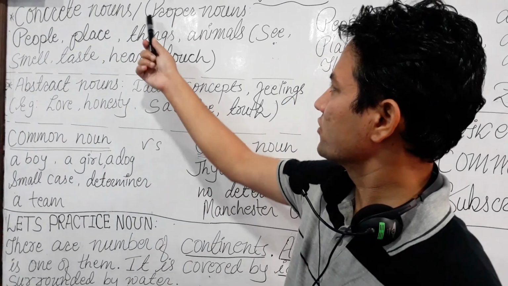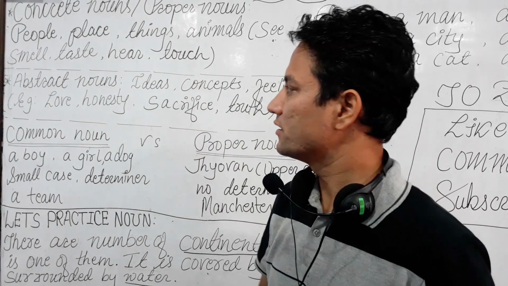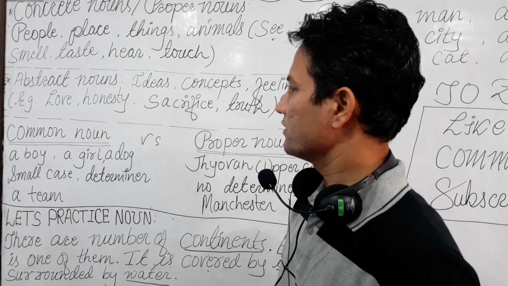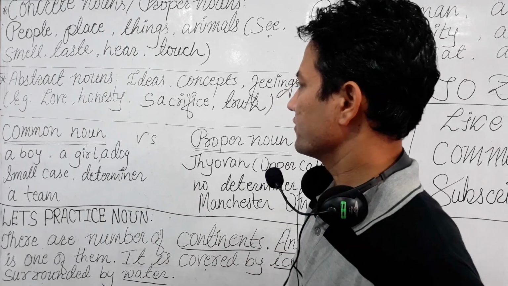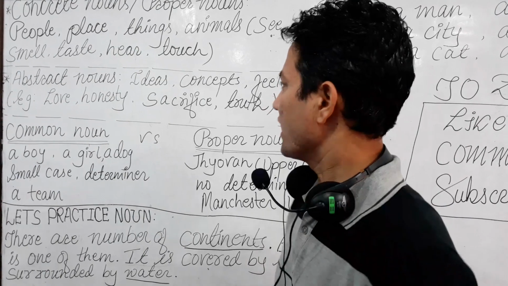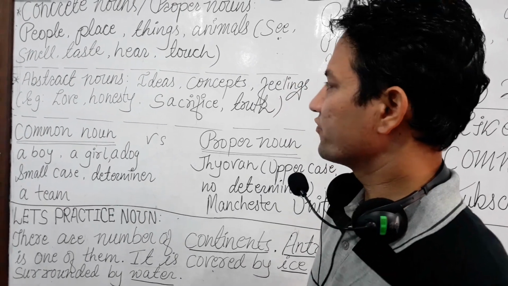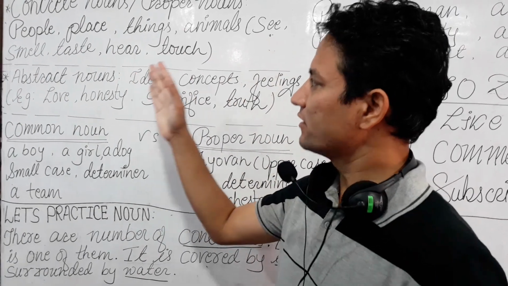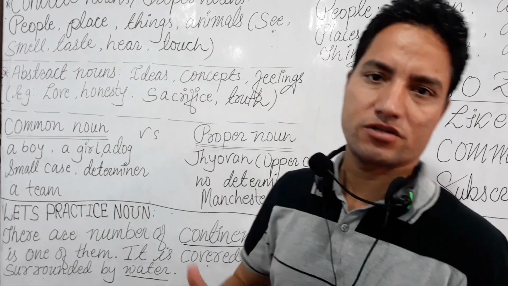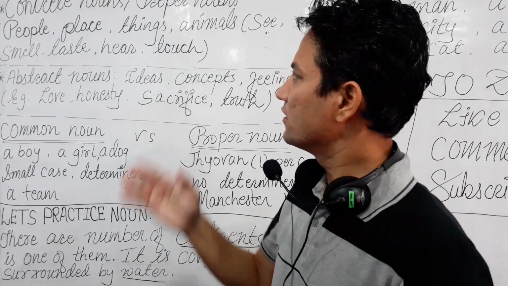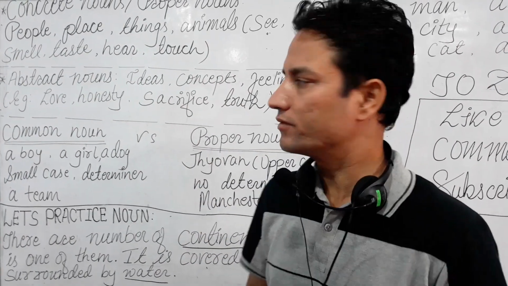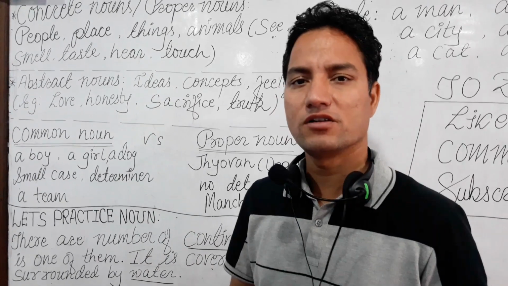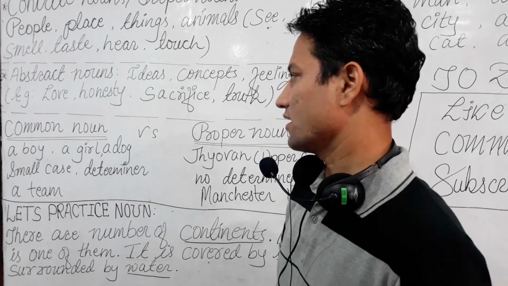So let's talk about another type of noun, that is abstract noun. Abstract nouns are ideas, concepts, feelings, which cannot be seen, smelled, tasted, heard, or touched. Just the opposite of concrete nouns, like love, honesty, sacrifice, truth. These are abstract nouns.